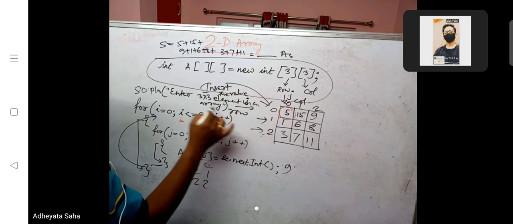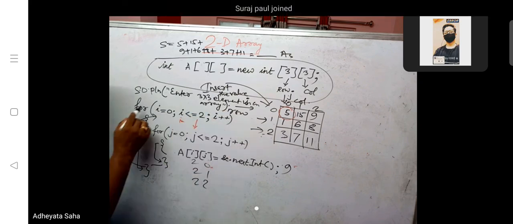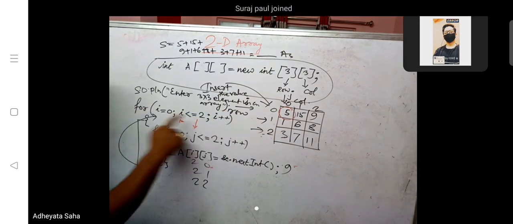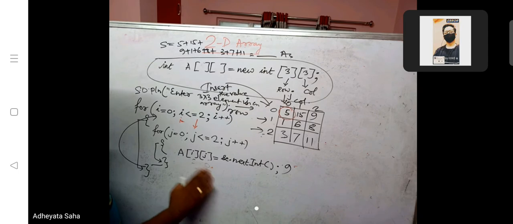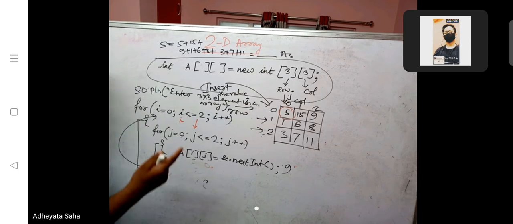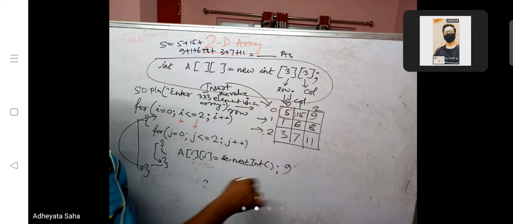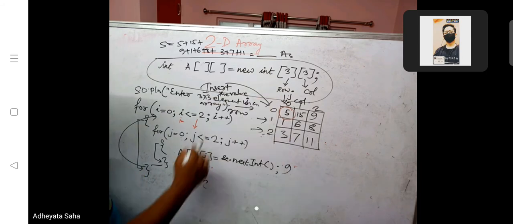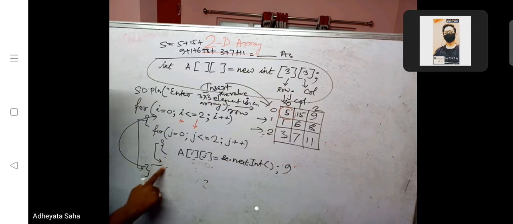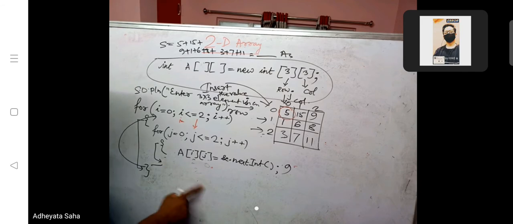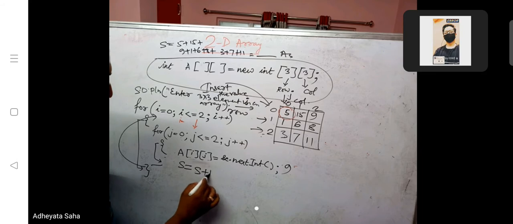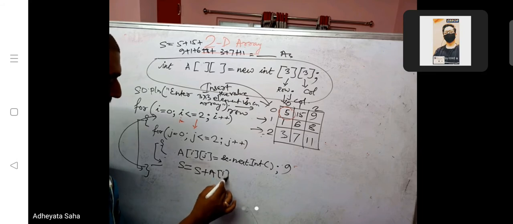After that you will copy down the two loops and you will be entering. If you want, you enter one element and simultaneously keep on adding. So here itself, inside this inner loop, what you can do is sum equals sum plus a[i][j].